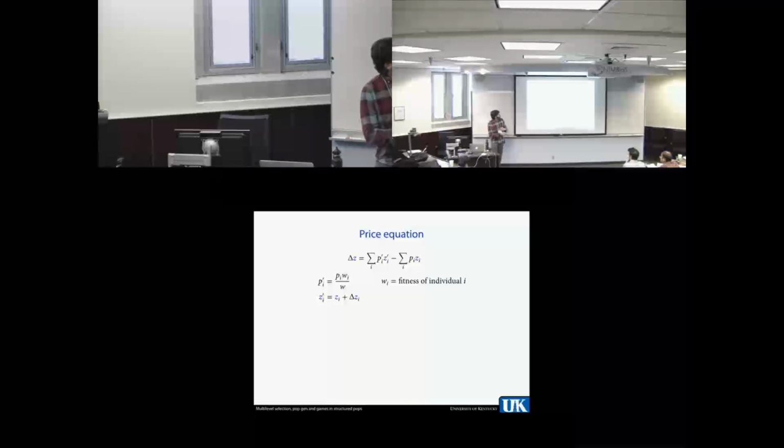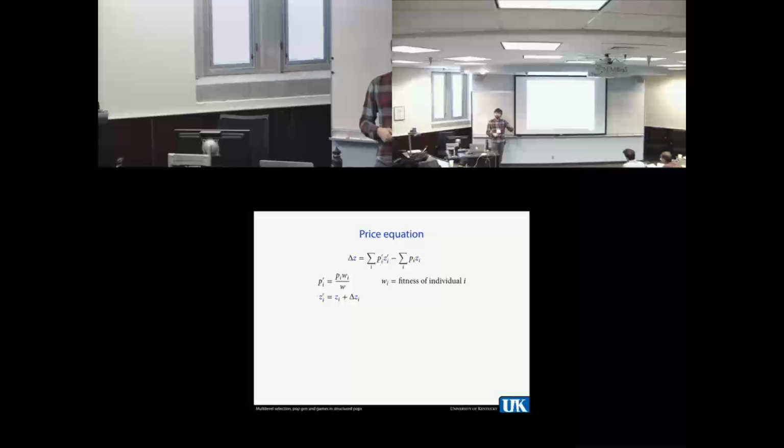So this frequency in the next generation, if we assume it's changing because of some effect on fitness, then individuals of type i will have a fitness wi, and their relative fraction in the next generation is just their fitness times their frequency divided by the mean fitness in the population. Then we set delta zi for the change that each individual goes through in their type.